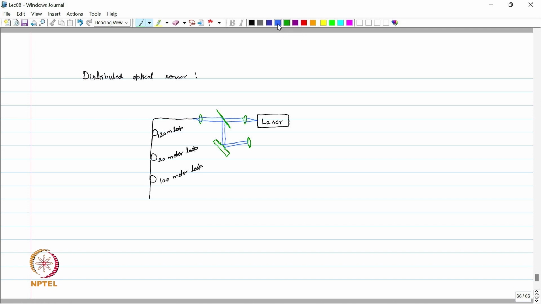This is the detector which we will discuss next.